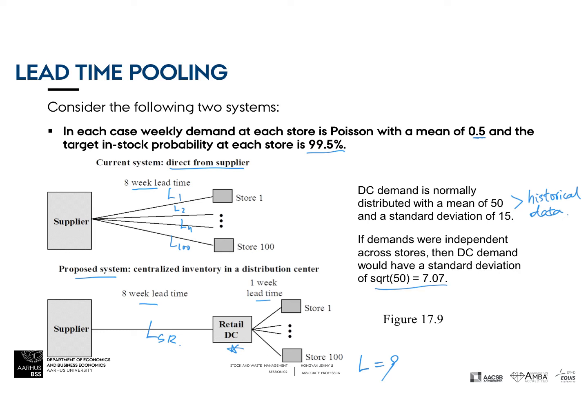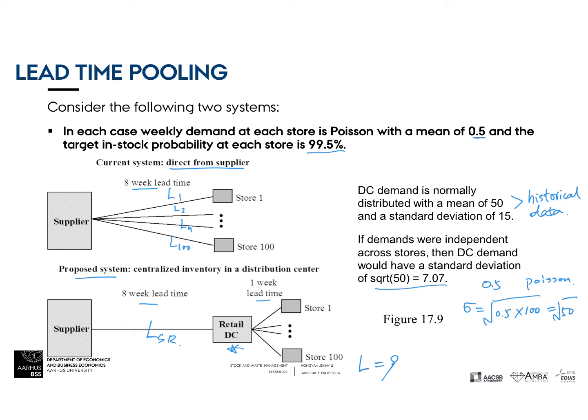In the textbook, you can see the detailed calculations. Briefly, each store has a 0.5 mean demand, so it's a Poisson distribution. That means the standard deviation should be the square root of 0.5 times 100 stores, so that's why you got the square root of 50.